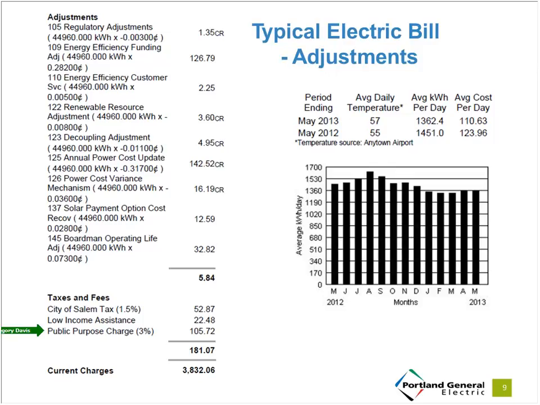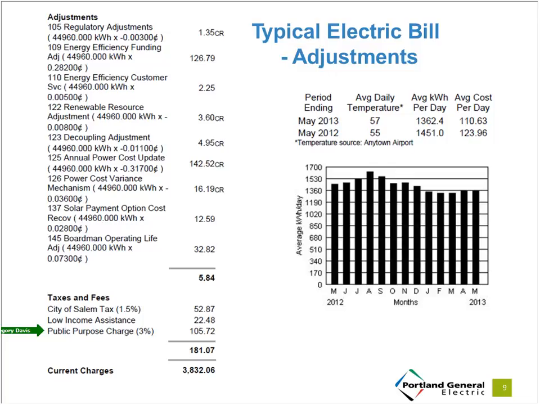The only other thing I really want to point out on the bill is the multi-purpose charge. This is something that almost all PGE customers have to pay. In fact, it's something that almost all Oregon residents pay, regardless of whether you're a PGE customer or, if you're down in Salem, if you have a different provider there. It's something that the state of Oregon requires all utilities to support.